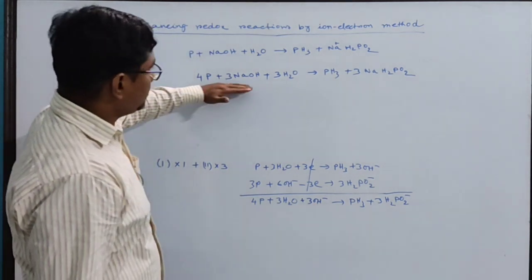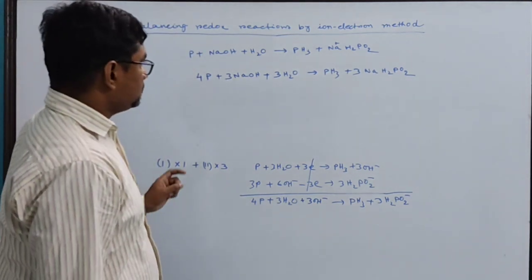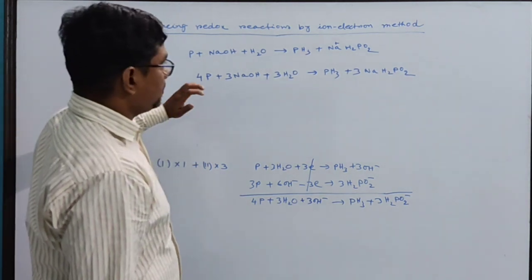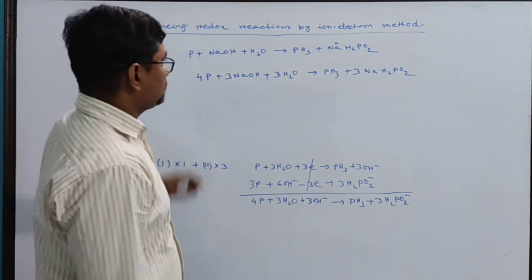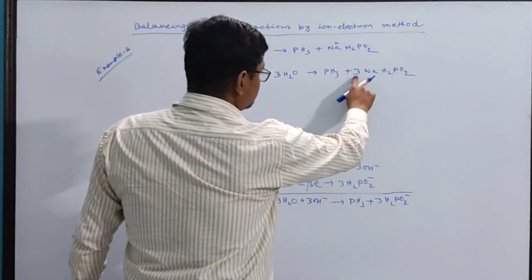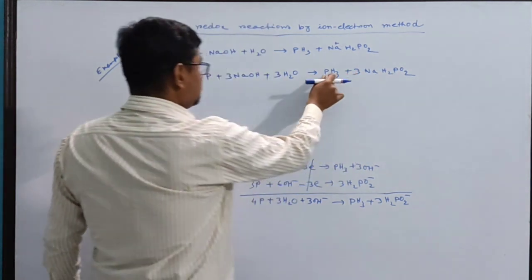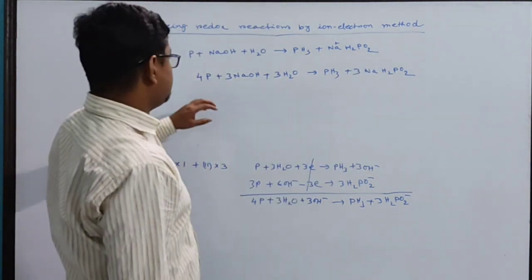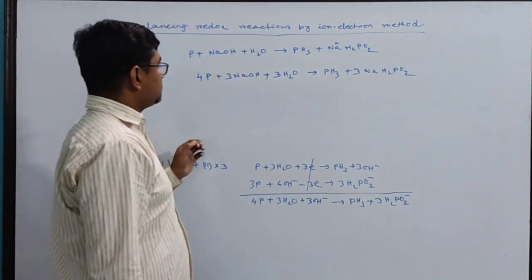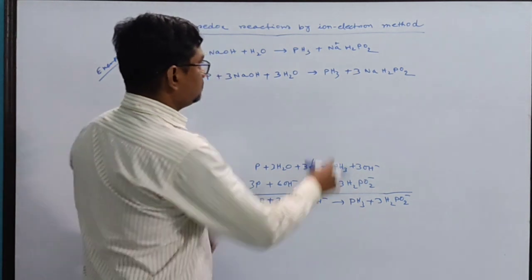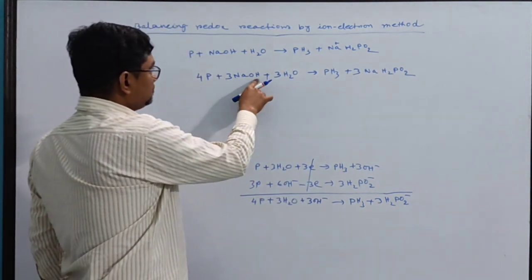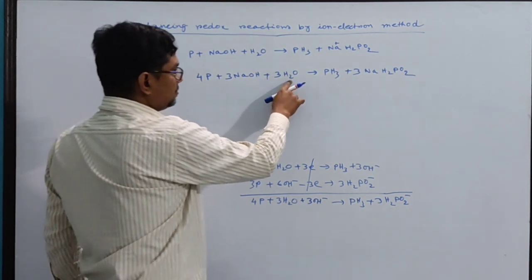Okay, this is in the molecular form, but you should check one more time whether everything is okay or not. Now you see 4 phosphorus, here 1 phosphorus, and in the NaH2PO2 there are 3 molecules, so 3 phosphorus, total 4 phosphorus in the right hand side, which is balanced with the left hand side 4 phosphorus. Now sodium, 3 sodium, and hydrogen. Let's take the hydrogen, 3 hydrogen and 6 hydrogen means 9 hydrogen.